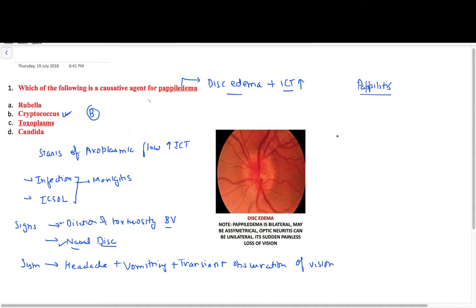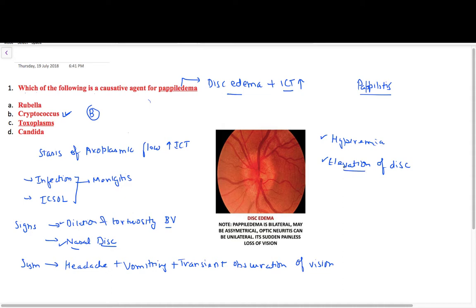Other signs that you can see on the fundus is hyperemia, that means a pinkish disc. I have told you earlier that this pink disc can also be seen in conditions like hypermetropia. Then an important sign is elevation of the disc.